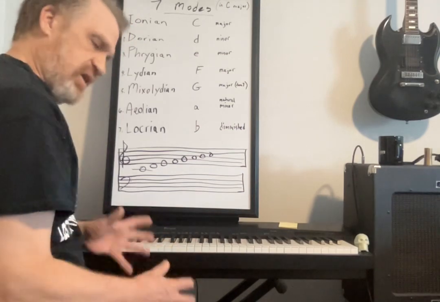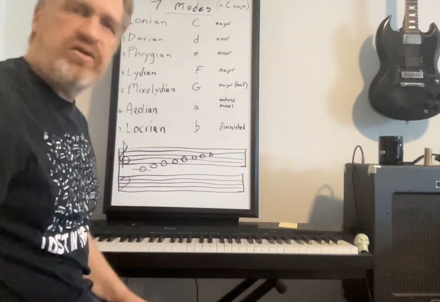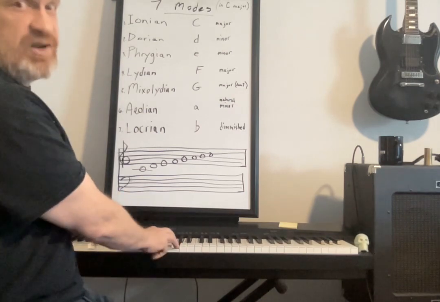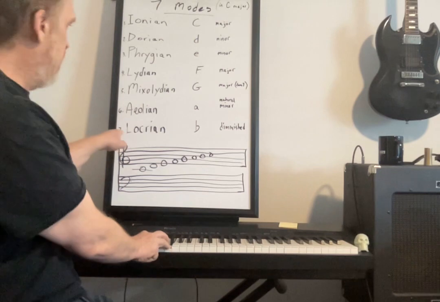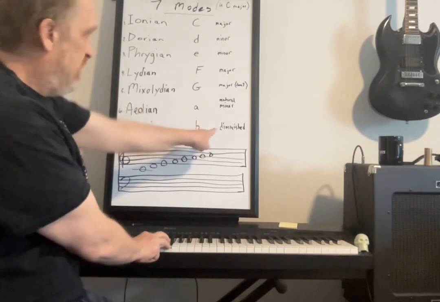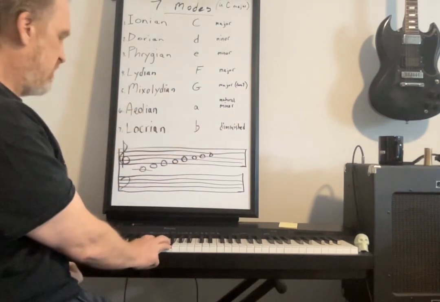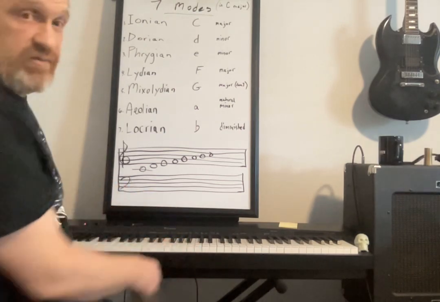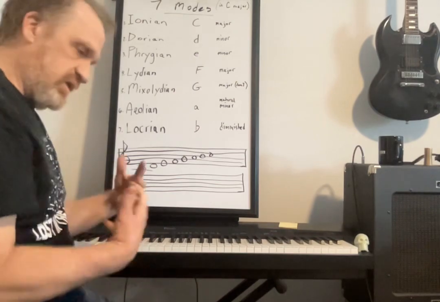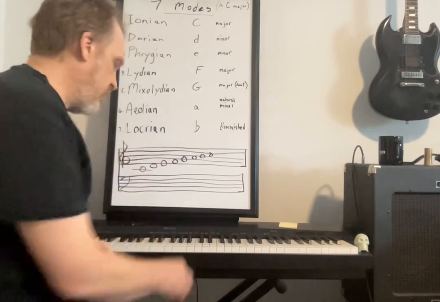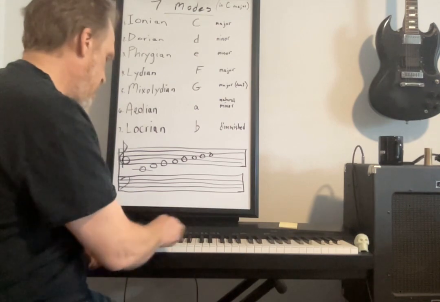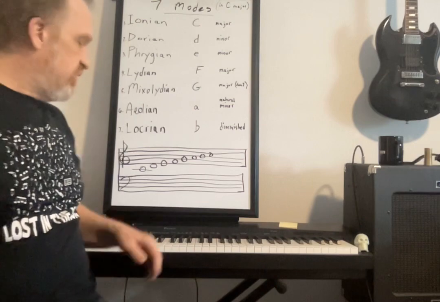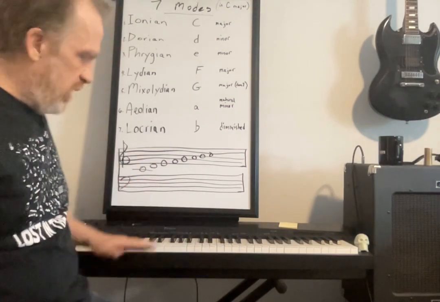It wants to go to a C. It's like magnetically drawn to go to a C. It wants to finish on that C, but it's that Locrian B diminished scale, it's got a flat 5 in it, so it's kind of like it wants to resolve. But anyway, that's the Locrian scale.